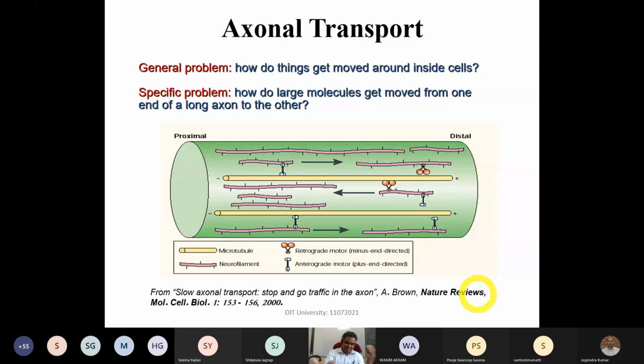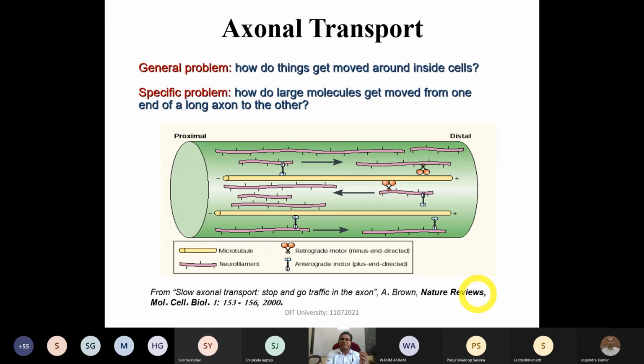So a simple way is to cut the cell, and find out how the retrograde motor and anti-retrograde motor move inside the cells, and that's what we are doing.